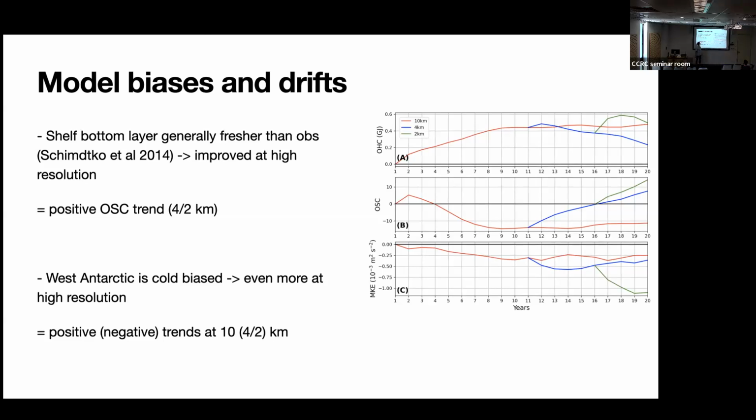And you can see the heat content decreases in the high resolution compared with the 10, mostly because you have this stronger cold bias in West Antarctica. And in the salt content, you can see this increase in salinity in the high resolution models, which is pretty much this saltier continental shelf that you see in the high resolution models.